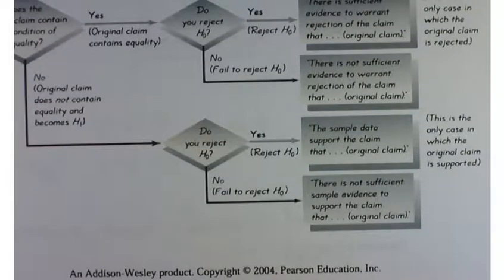I'd be uncomfortable saying that there is sufficient evidence to support the claim, because the way you set up your hypothesis test is that you're assuming that the null hypothesis is true. And I'm not really comfortable saying we support it when we started out by assuming it was true to begin with. So I'd rather say that we didn't find enough evidence to reject it.